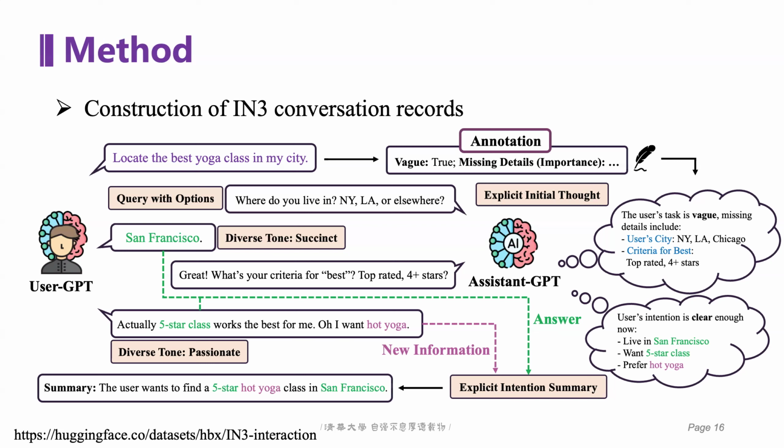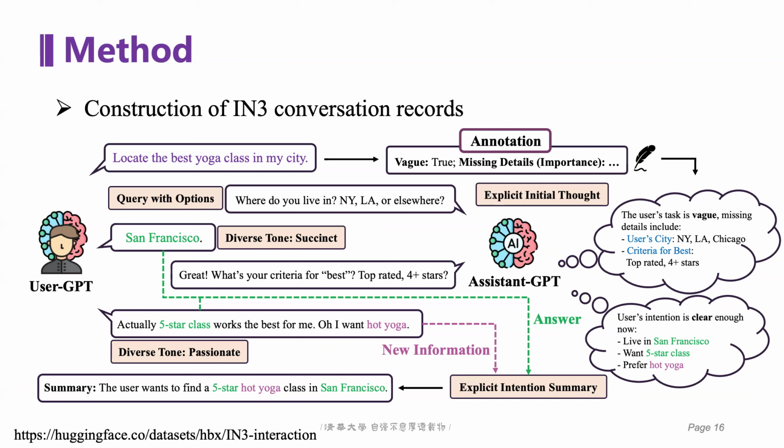And okay, so we are using the annotation and many of these tricks in order to construct the conversation record. We call the user "user GPT," and we also use "assistant GPT." So these conversation trajectories are simulated using two different GPT models.